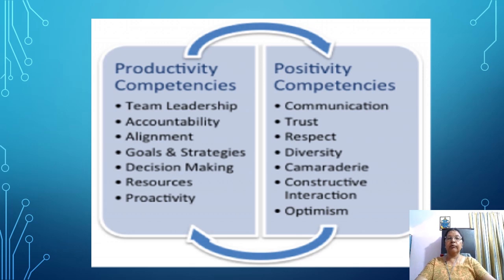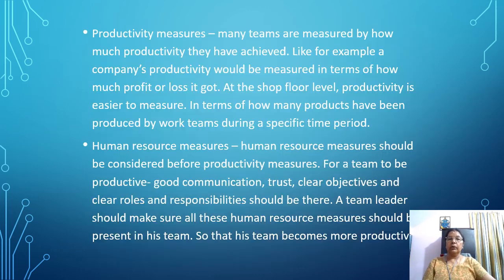So, before productivity competencies, the team should have human resource competencies. Productivity, like I told you, a company's productivity will be measured by how much profit or loss it has made.